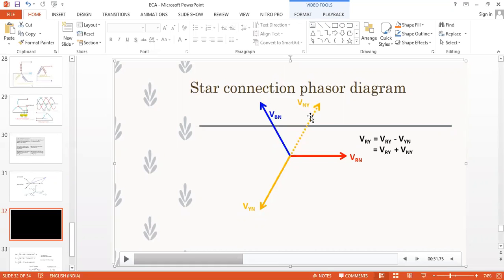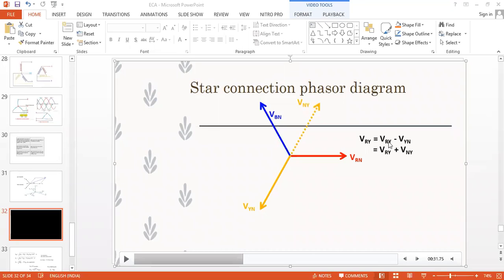Now the resultant of VRN and VNY obtains line voltage VRY. The resultant or the vector combination of VRN and VNY obtains one line voltage VRY. Line voltage is a vector combination of any two voltages. Now you can see here, what is VRY written here? VRY is the line voltage we are supposed to generate vectorially.